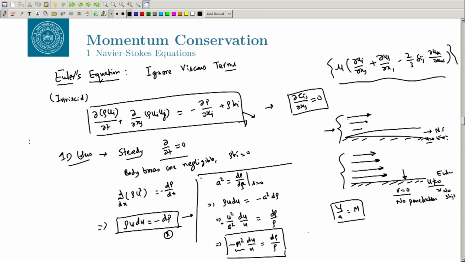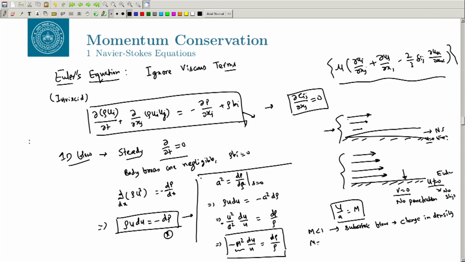So, if M is less than 1, which is the case of subsonic flow, the change in density is very small compared to the change in velocity.